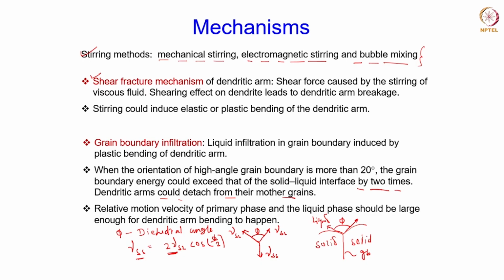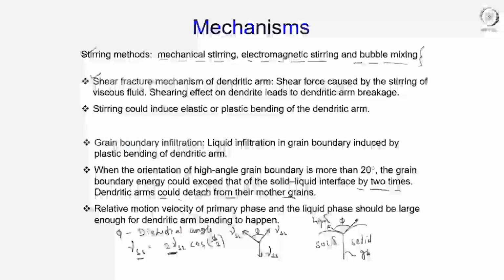Once you create that agitation in the molten metal, the force which the molten metal is subjected to will lead to phenomena giving rise to grain refinement. The mechanisms through which that occurs are what we discussed in the previous class.